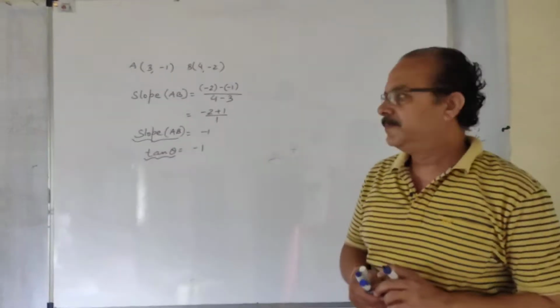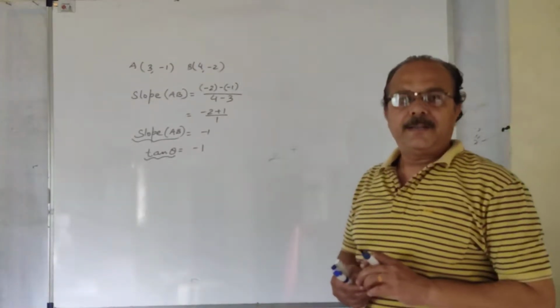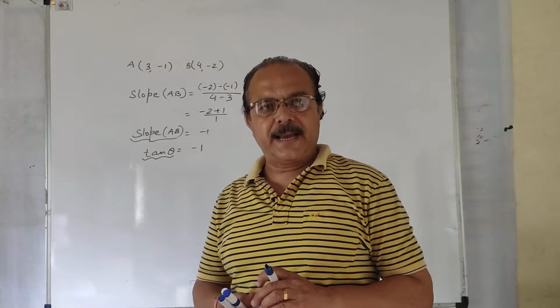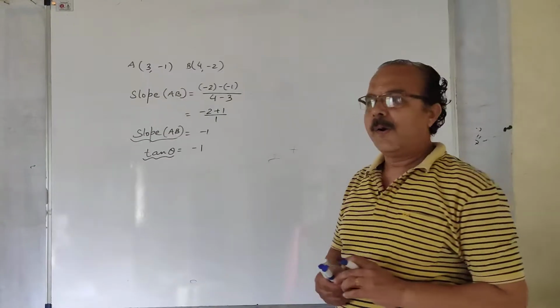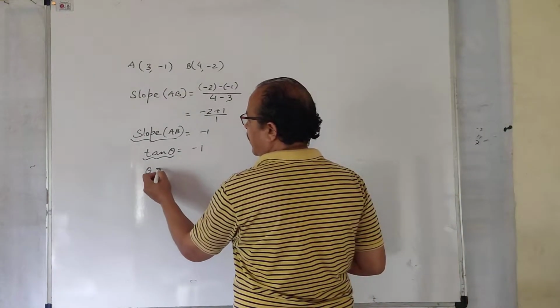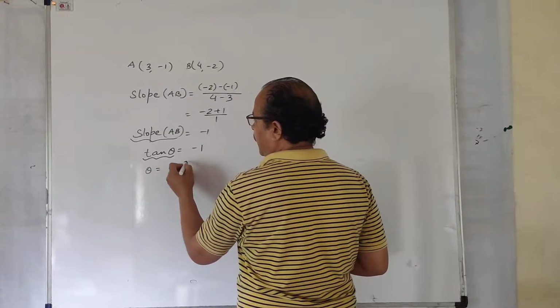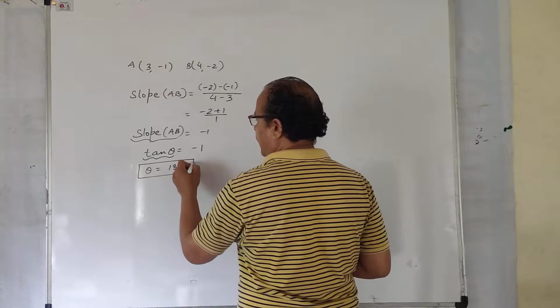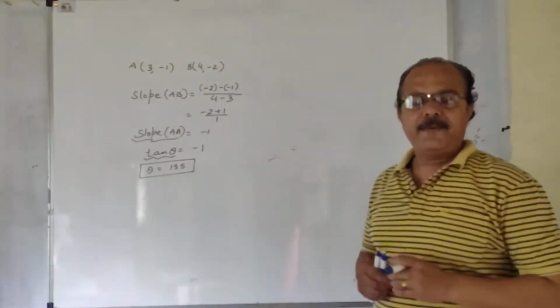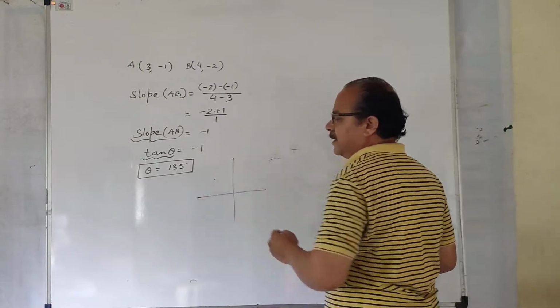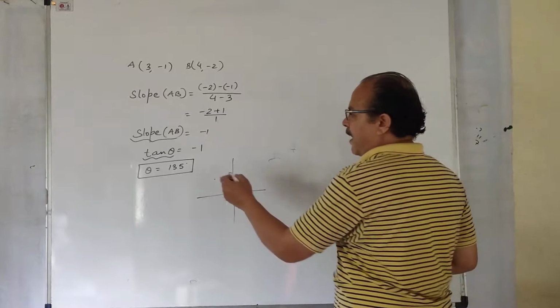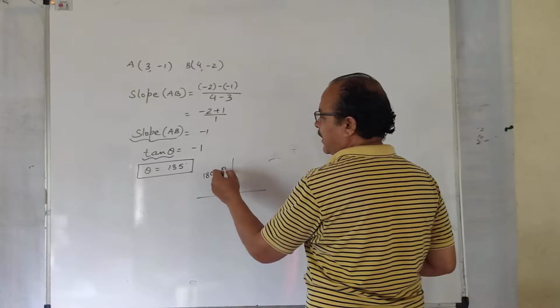So this angle theta is the angle between the line and the x-axis. So tan theta is equal to -1 and theta will be equal to 135 degrees. Why 135? Because tan is negative in this quadrant, and this is the 180 minus theta quadrant.